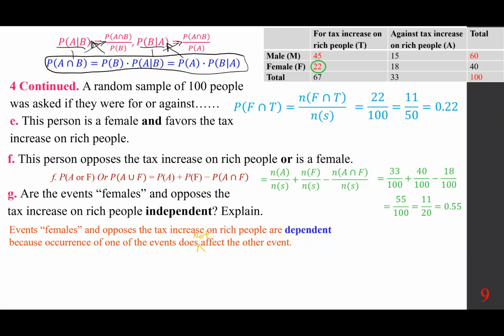That's why I'm big with formula. So how do you prove dependency? You look at the conditional probability. If 2 events are independent, then probability of A intersection B simply becomes probability of A times the probability of B.